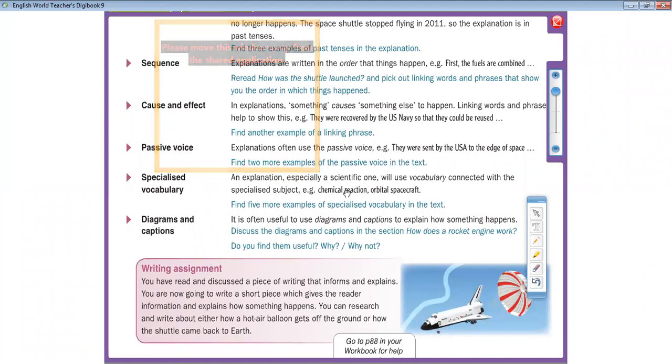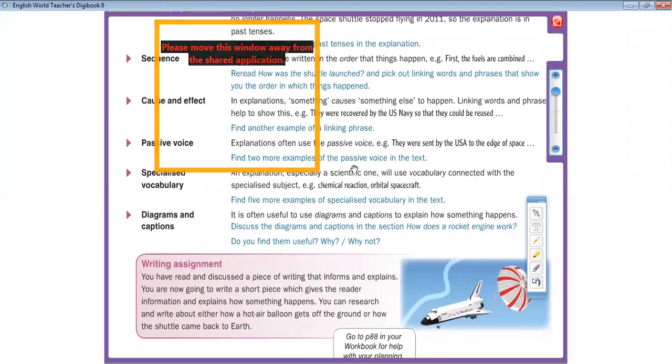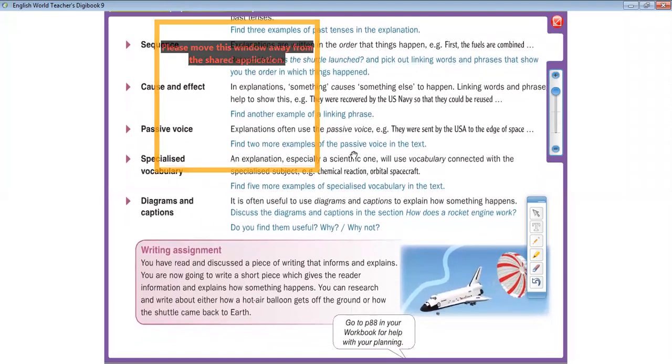We can use linking words and phrases to help show this. بمعنى بيساعدونا linking words لحتى نحل مشكلة cause and effect. Okay, so مثلا they were covered by the US Navy so that they could be reused. تمام. في عندي سبب ونتيجة وتأثيره على هذا الشيء.